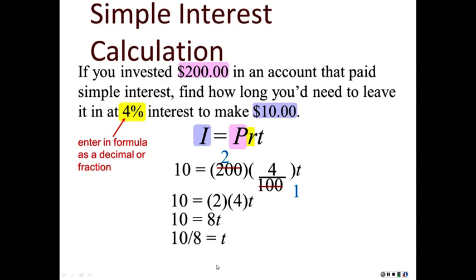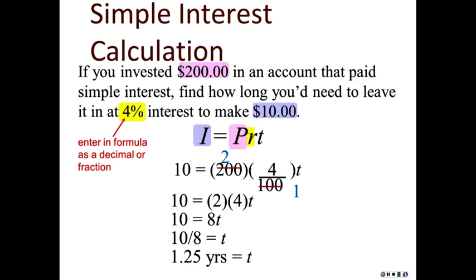And then what will I get when I take 10 and divide it by 8? What do I get for my time? It'll go 1 and 0.25, okay? So if I say 1.25 years, what does that really mean? A year and what? 3 months, right?